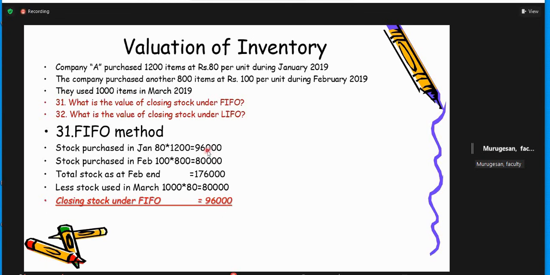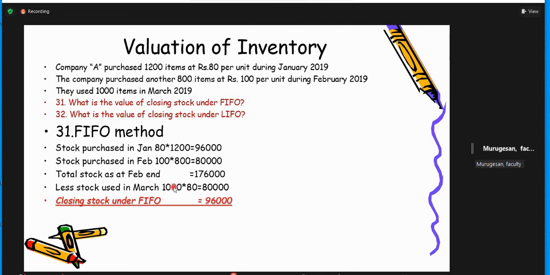Don't worry, just subtracting from the total stock, it will be adjusted automatically. The stock was acquired in January and February. This was the closing stock as per the method.